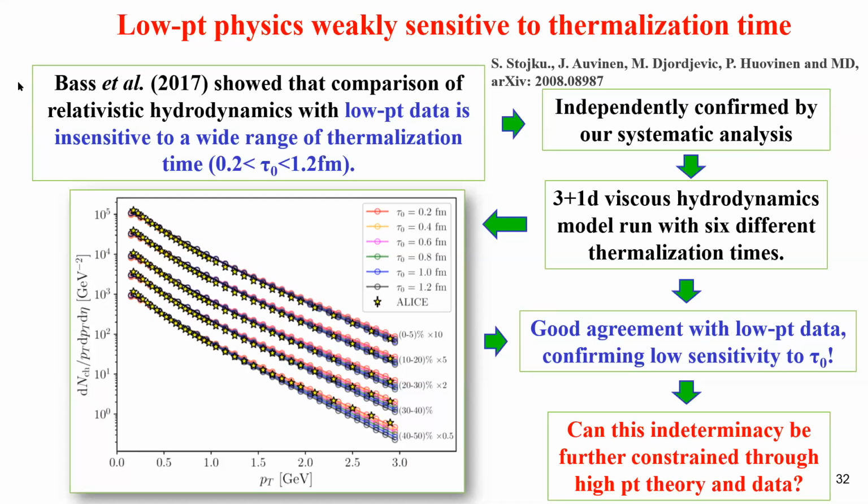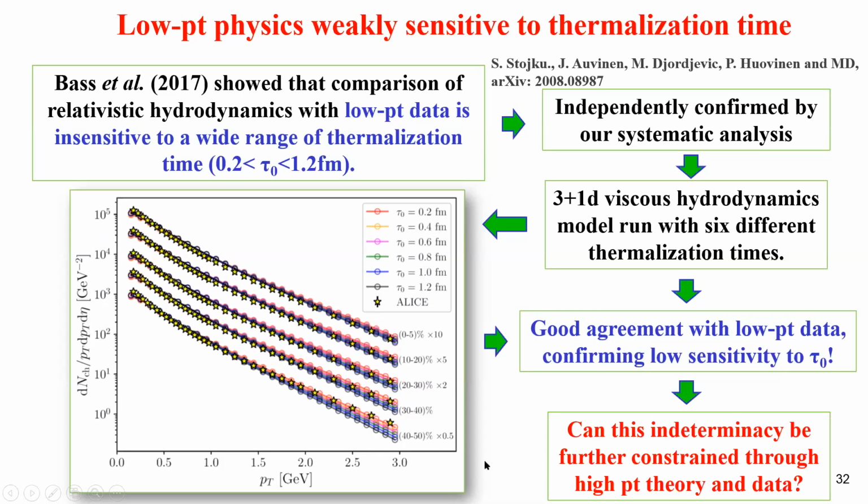So this conclusion was independently confirmed by our systematic analysis. That is, we here use 3+1D viscous hydrodynamics and run with 6 different thermalization times: 0.2 Fermis, 0.4 Fermis, 0.6, 0.8, 1, and 1.2, and compare them with ALICE data, with particle spectra for ALICE data.